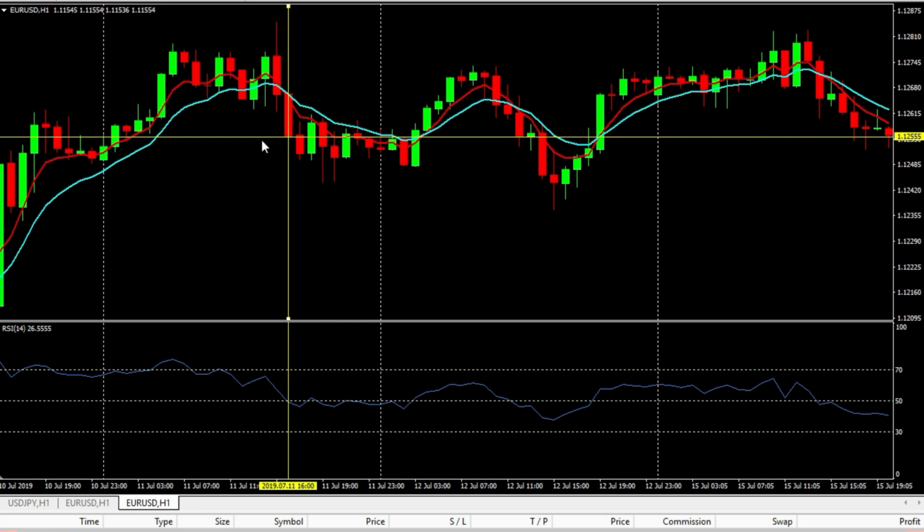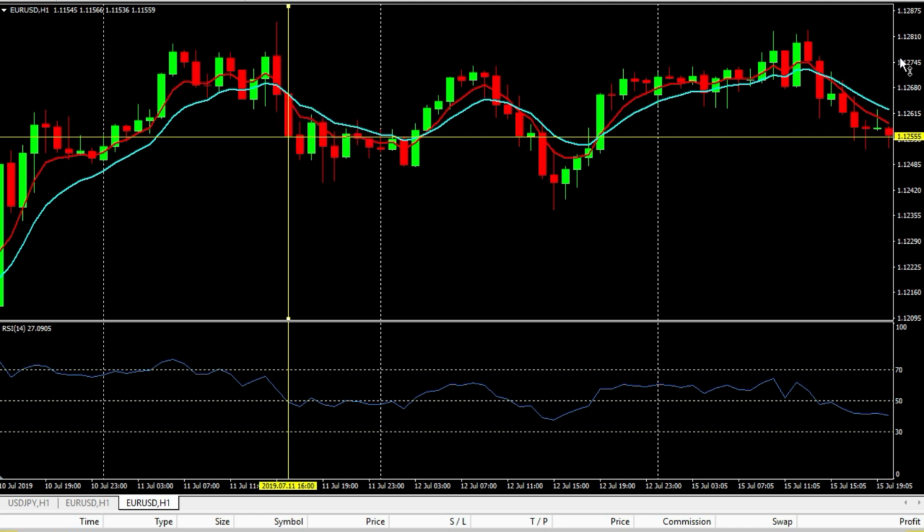We place our sell order here at 1.2555, and we place our stop loss about 5 pips above the most recent high. This candle is the most recent high, and the high was 1.2845, so it's going to be 1.2895.